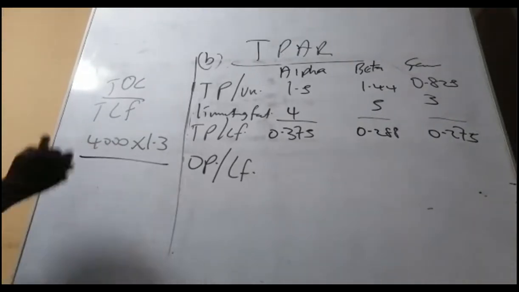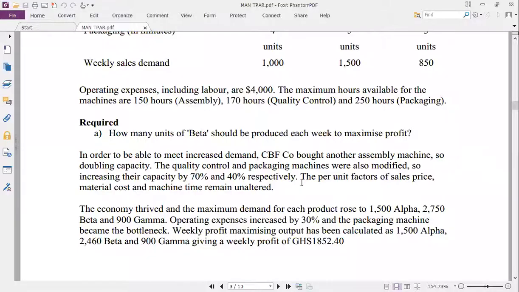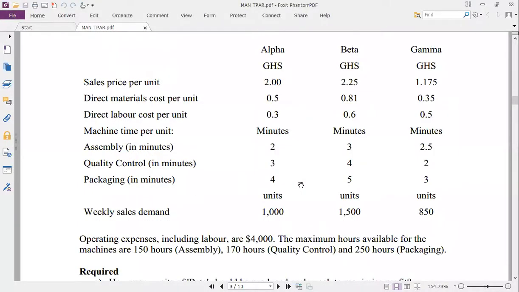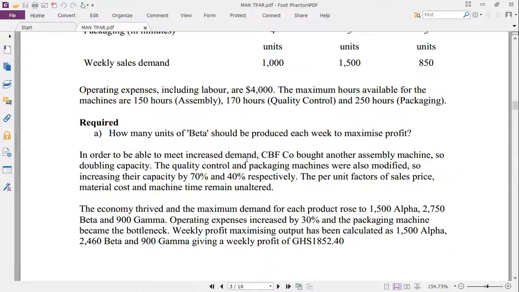All divided by the total limiting factor. So now, they say the limiting factor is what? Packaging. So you have to go and pick the packaging time. Let's go to the question and pick the packaging. That one too has also been modified. Where is packaging? Packaging is here.